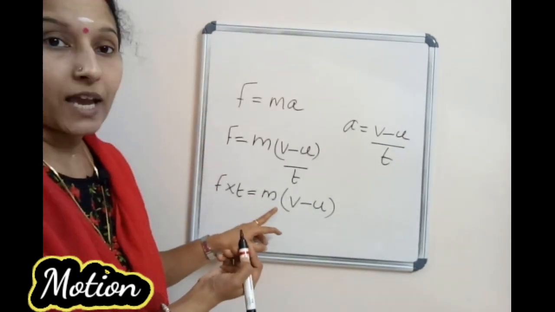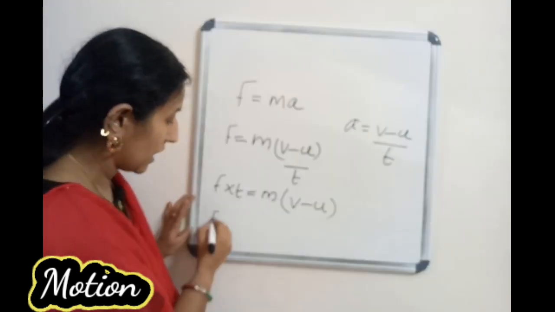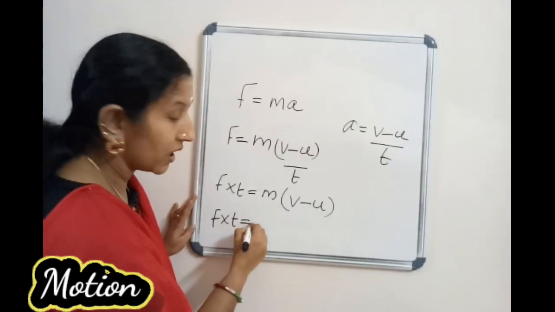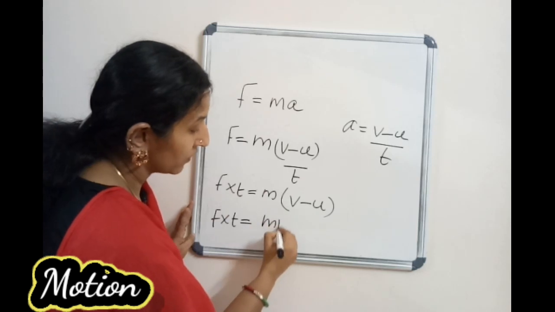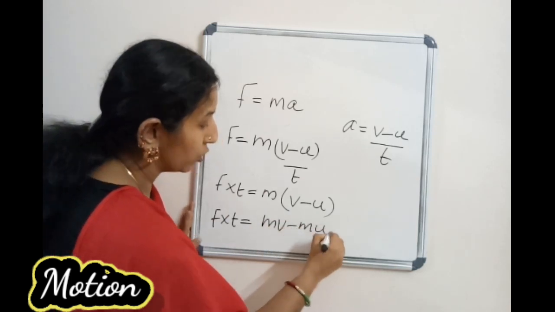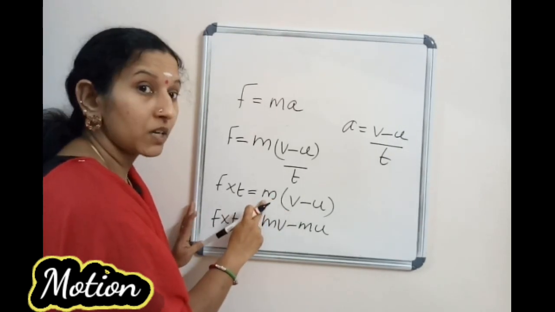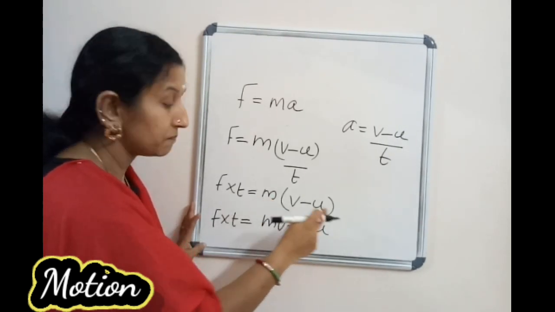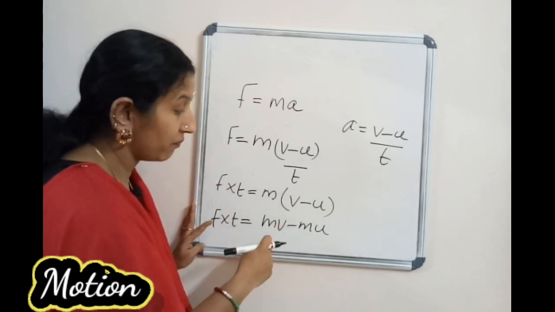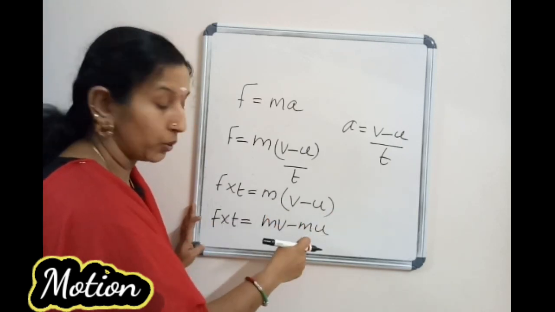The next step, expand this bracket: F into t equal to mv minus mu. Here m is common for both v and u, so m into v is mv, m into u is mu.